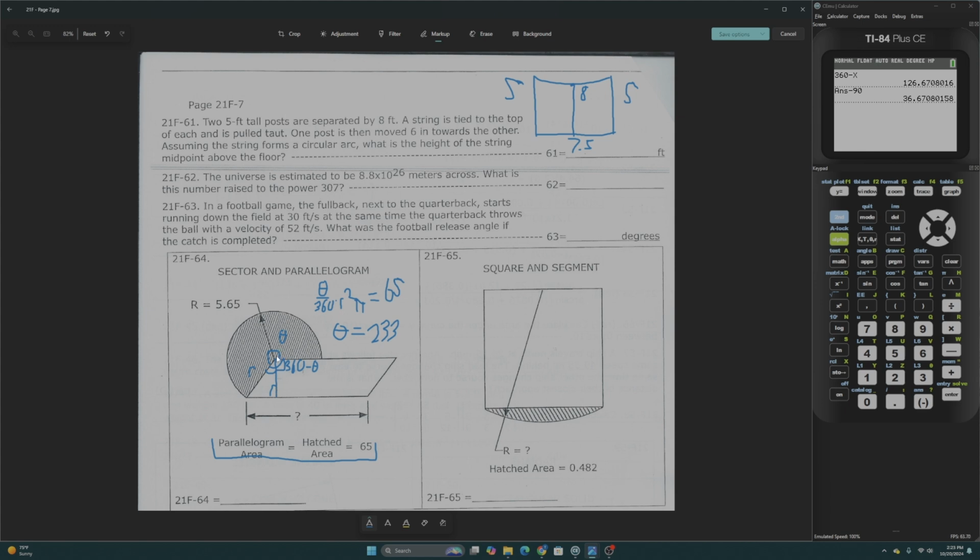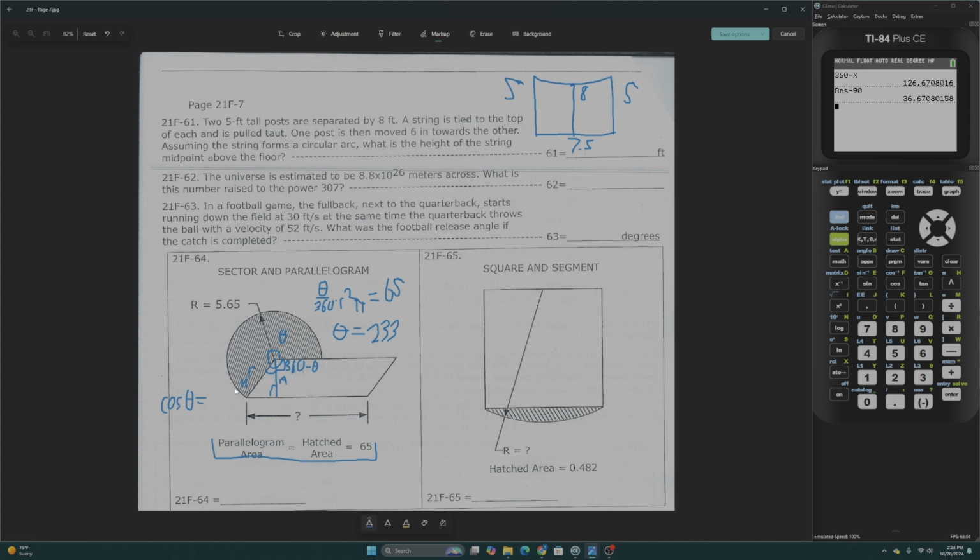We could figure out what the height is by using SOHCAHTOA, right? This is the angle that we know. That's not the opposite, that's the adjacent, and that's the hypotenuse right there. So it's adjacent over hypotenuse, cosine. The cosine of theta is equal to a over h. We don't know what a is, but we know what h is.